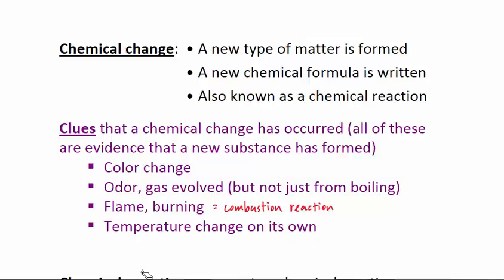One other one I'm going to show you. I'm going to turn on the camera over here because I want to show it to you close up. I'm just going to put some sugar in this ceramic dish here. All right, camera's on.